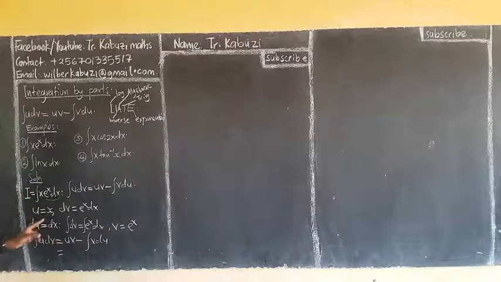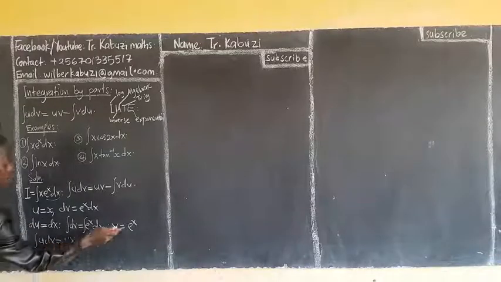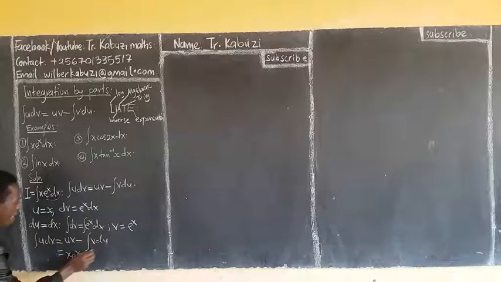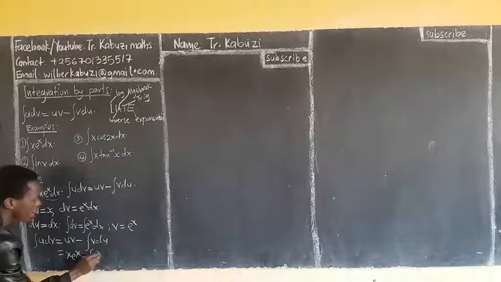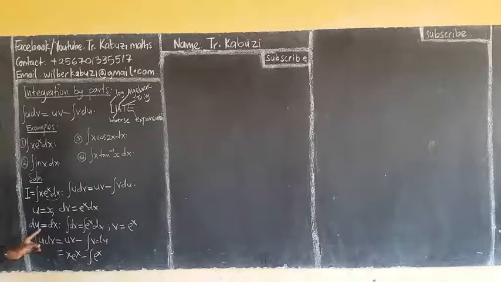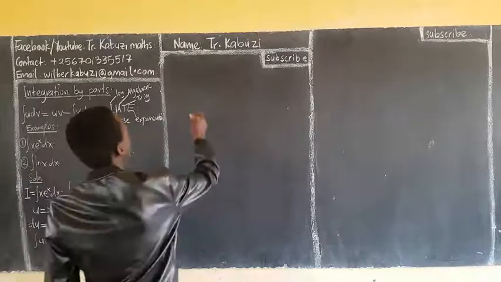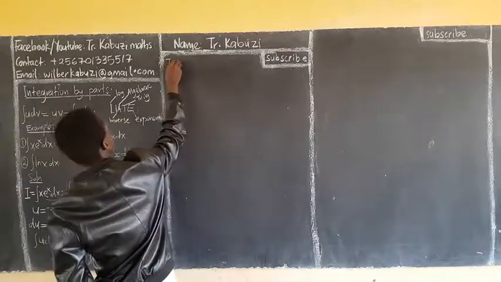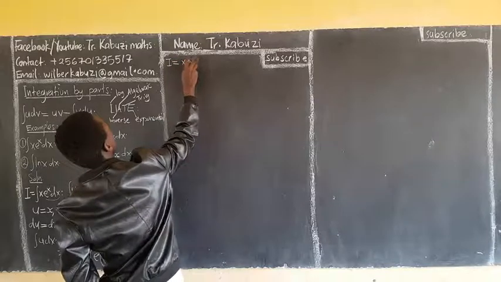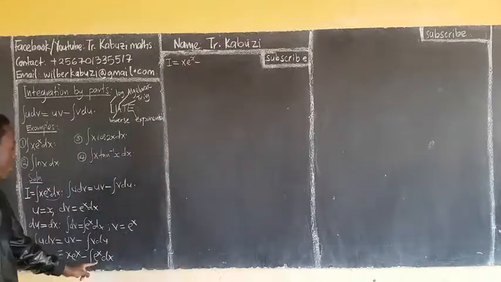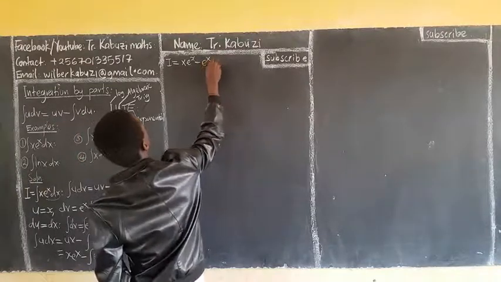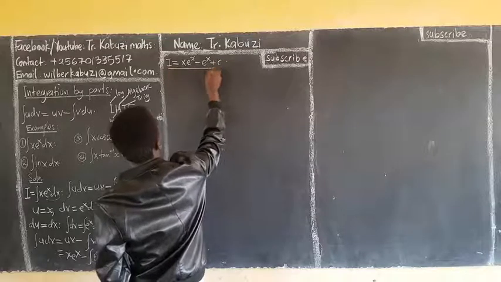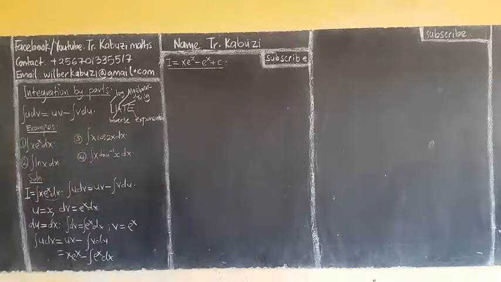My u is x, my v is e to the x, then minus the integral of v, which is e to the x, times du, which is dx. Now we complete this. My integral will be x e to the x minus, when we integrate e to the x, we get e to the x, plus a constant of integration. And that's how we tackle that first part.